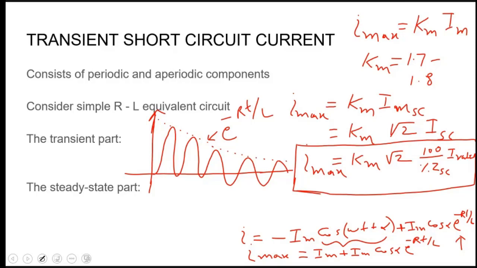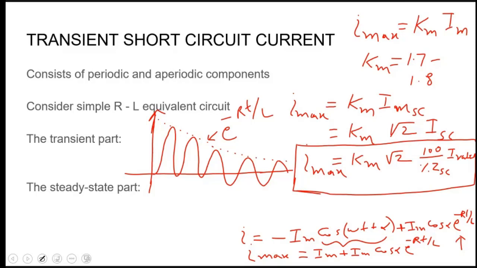The current is 1.8 times the steady state short circuit current, that is, 1.8 into root 2 into the RMS value of the steady state current. So it is a huge current. Forces are proportional to I square, so huge forces will be generated inside the transformer.